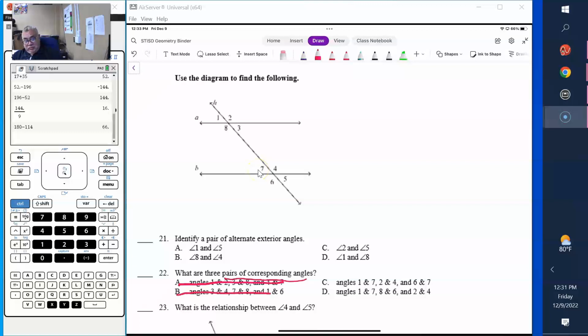So those are wrong. C, 1 and 7 is corresponding. 2 and 4 is corresponding. 6 and 7 are not. 6 and 7 are adjacent. So that's not it. So your answer is D. 2 and 4 are corresponding, 8 and 6 are corresponding, and 1 and 7.